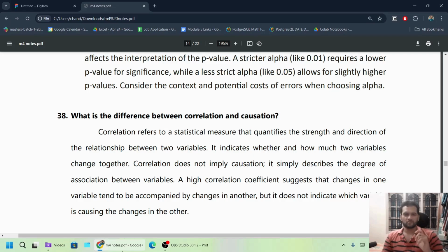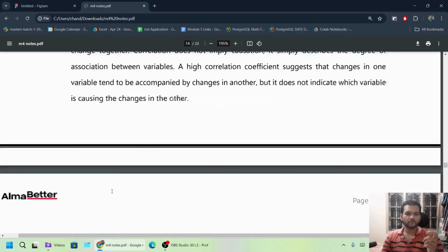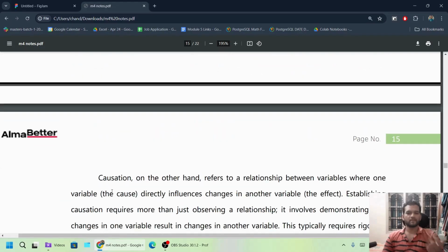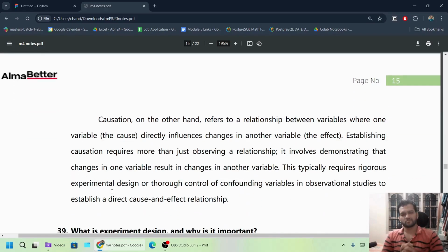Next is causation. Causation, on the other hand, refers to a relationship between variables where one variable directly influences the change in another variable. Establishing causation requires more than just observing a relationship. It involves demonstrating that changes in one variable result in changes in another variable.